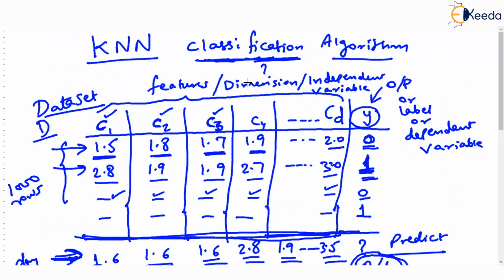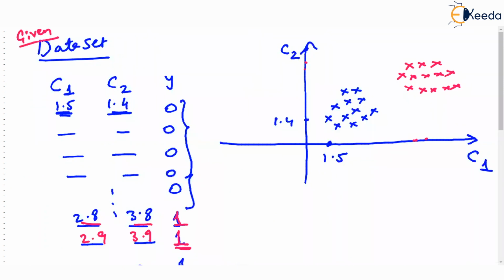We have not yet spoken about unseen data for which we want to do the prediction. What I am saying is that this data is given to us and their outputs are also given. So we know everything which lies in this range has output 0, and all these points in this range, the upper points, have output label 1.